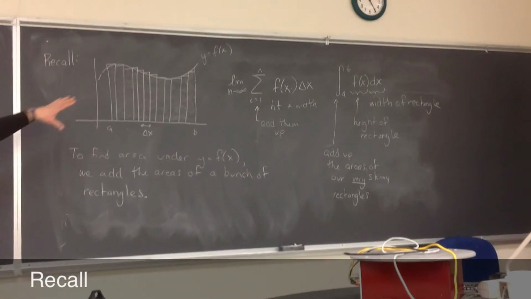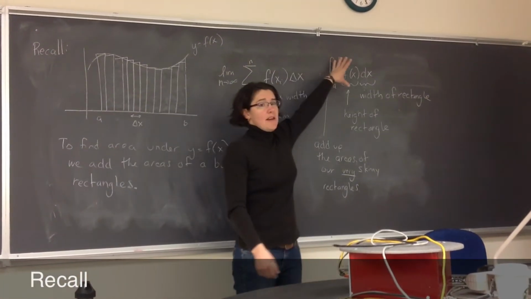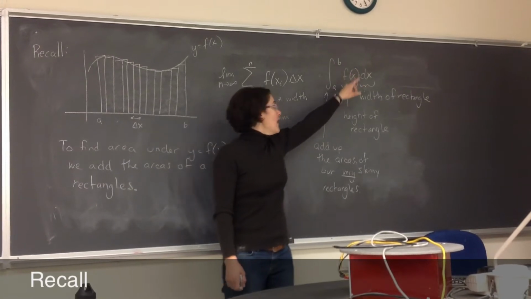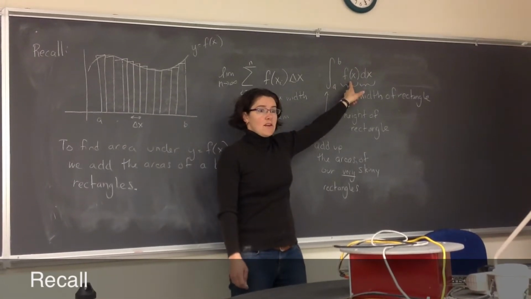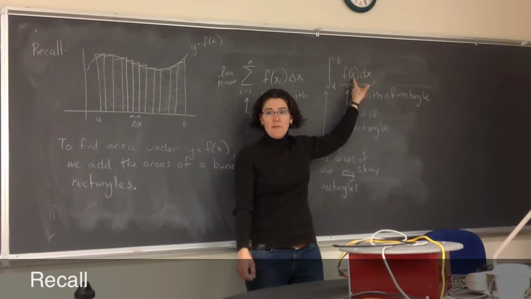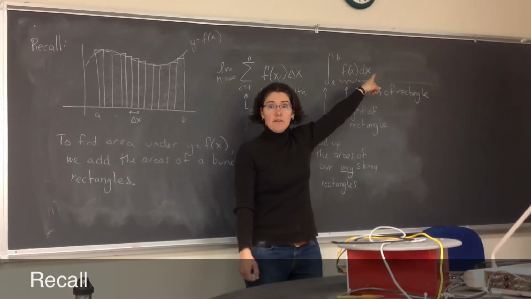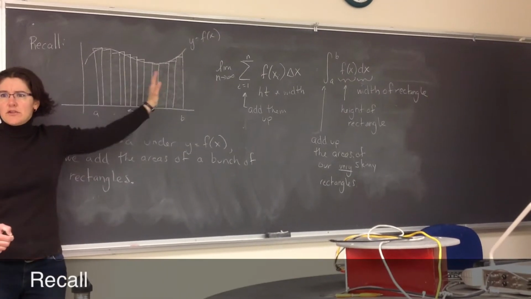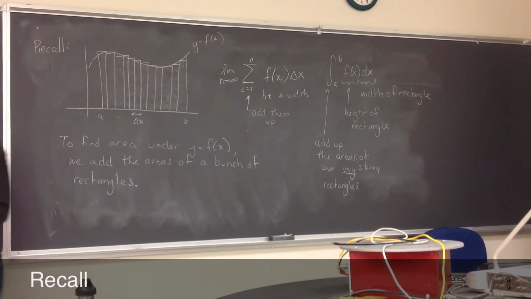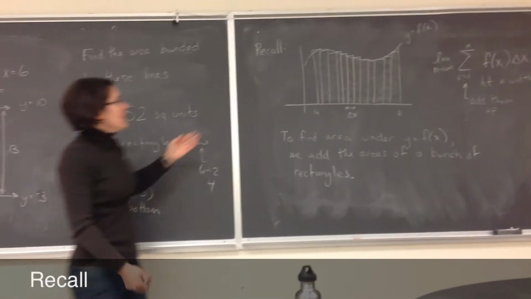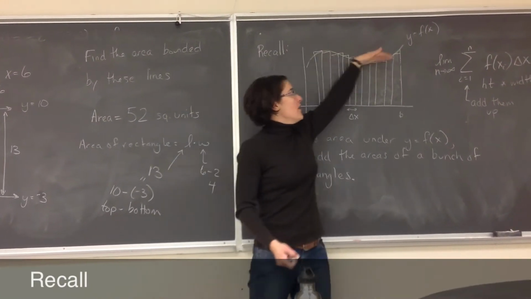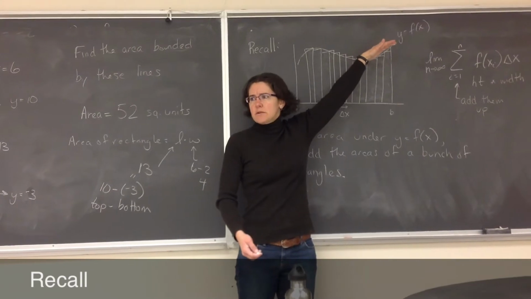Okay, so my point in talking about this is that when we're talking about a definite integral, I'm still thinking of this definite integral as the height of a rectangle times the width of the rectangle, f of x times dx being our width, and then adding up all of those pieces. So I still want to imagine this picture that's going on here. And the thing that's really cool about this is that when we have a function that's all curvy, I don't know a formula for the area under y equals f of x.